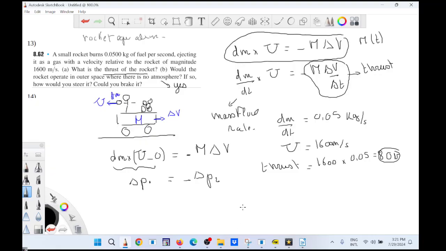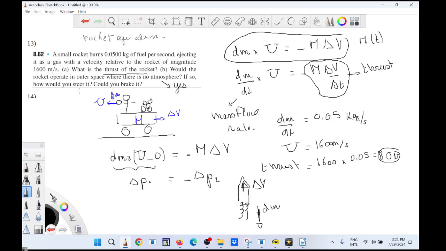But in that case, when you have a rocket, it's pushing on the gas. So the gas is pushing at a big speed because you have a little bit of mass. So the gas is pushing back on the rocket here, and the speed will be very large. Okay, so the answer is yes.